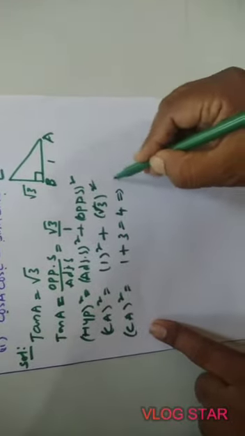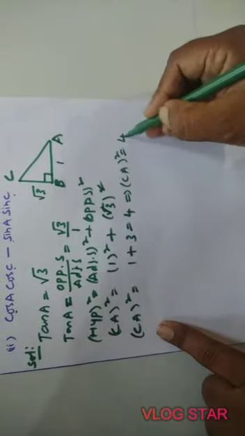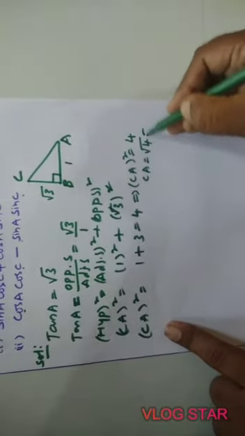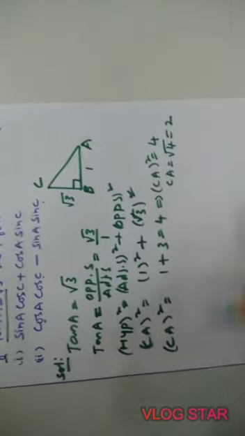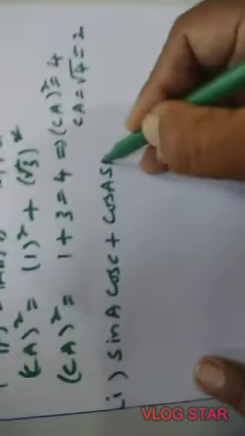When CA square is equals to 4, we can say CA is equals to root 4, that is equals to 2. So now CA is equals to 2. Okay, we have to find the first problem, sin A cos C plus cos A sin C. Here CA is equals to 2.